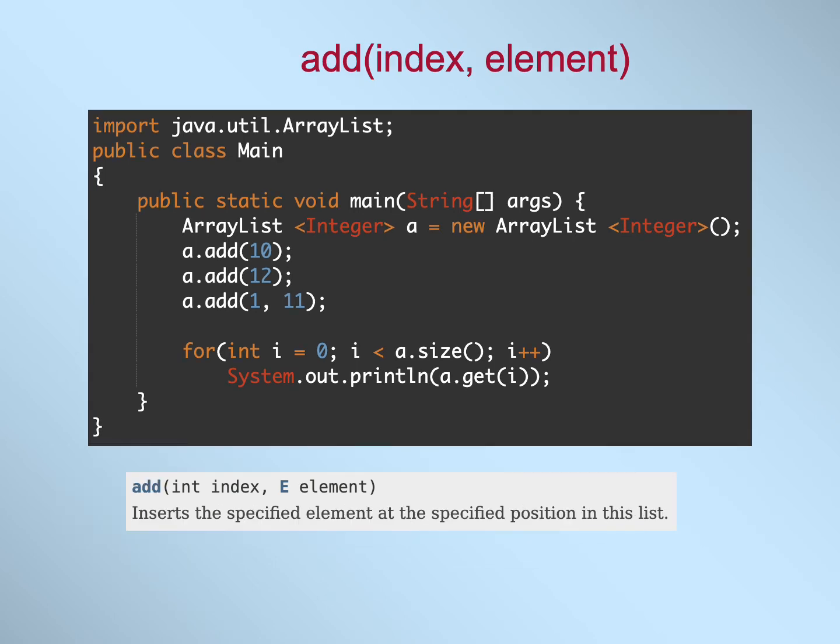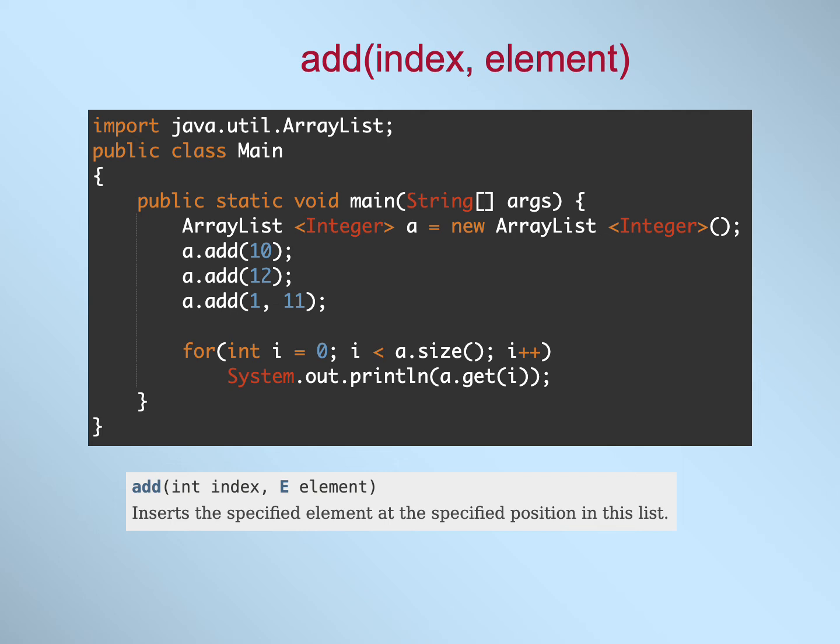If instead of using the set method, we use add, for example, as what I have written here, we have a.add(10), a.add(12), and a.add(1, 11). What do you think the output of this is? Is it going to have the same output as what we saw when we used the set method? If you run this code, you will see that the output would be 10, 11, and 12.